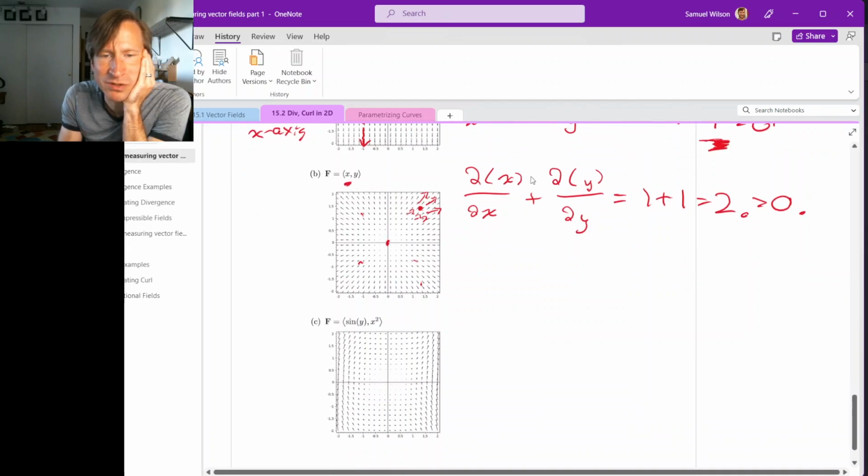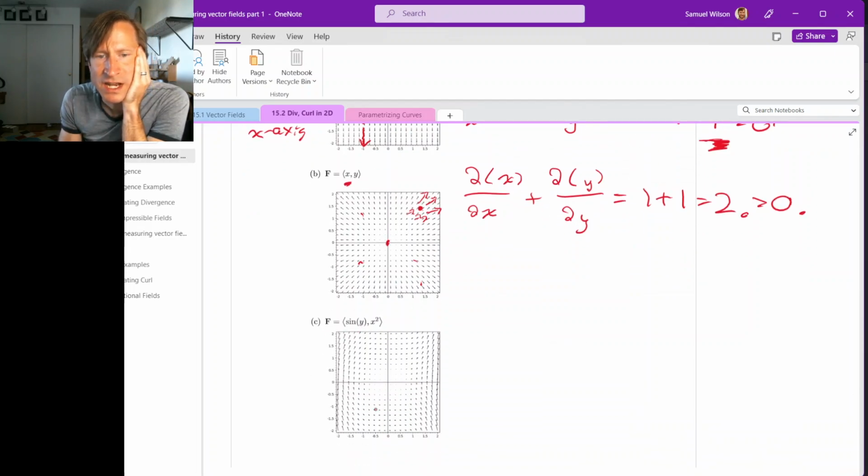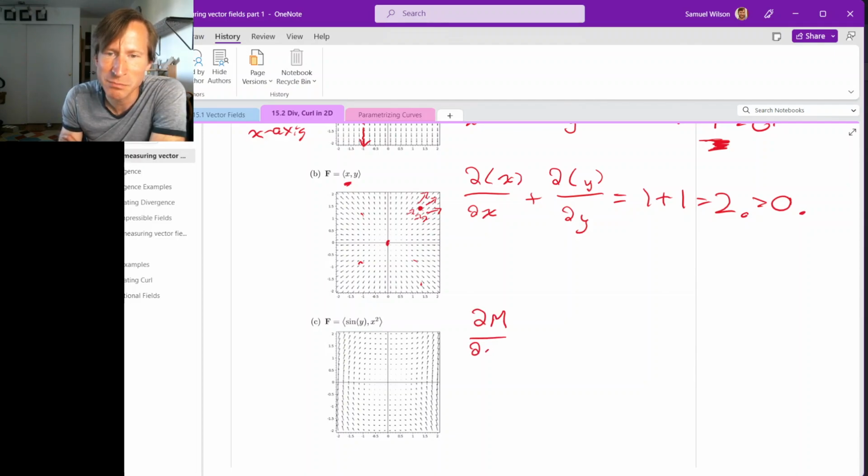One last example. Let's look at this one. For this example, I think it's much harder to tell, given any particular point, whether the vector field is flowing towards or away from that point. But that's why we came up with a formula, so that we can calculate what's happening when we can't tell visually just by looking. So let's calculate partial m partial x plus partial n partial y.